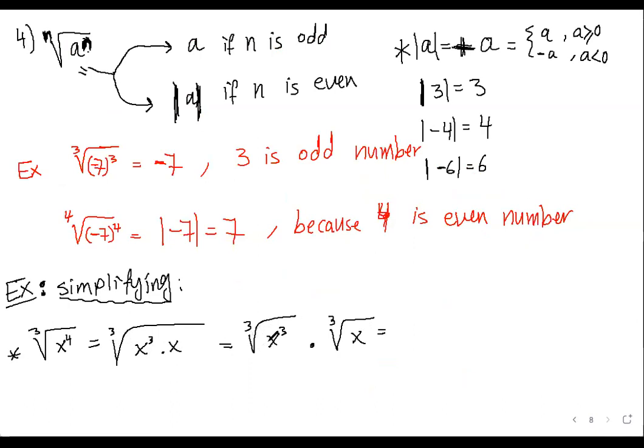What is that equal by using property number 4? Here 3 is odd. This means x. Exactly, you said x, times this one. Can I simplify it? No, I cannot, so I keep it the same.